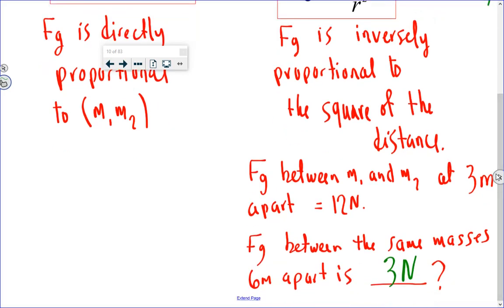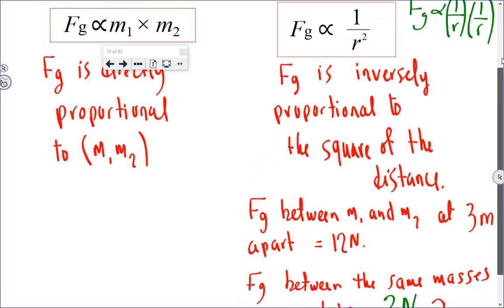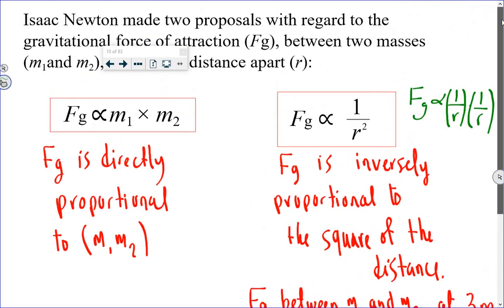We'll get some official practice with this later, but I wanted to just give you an idea of what that means. What this second statement means, everybody, is the following. Whatever happens to the distance, the opposite of the square happens to the force. So that's Newton's hypothesis.